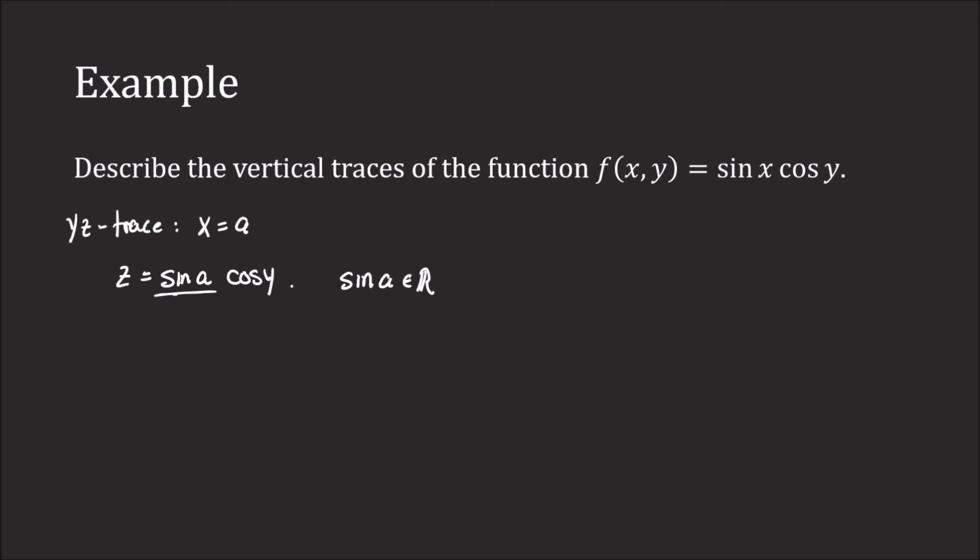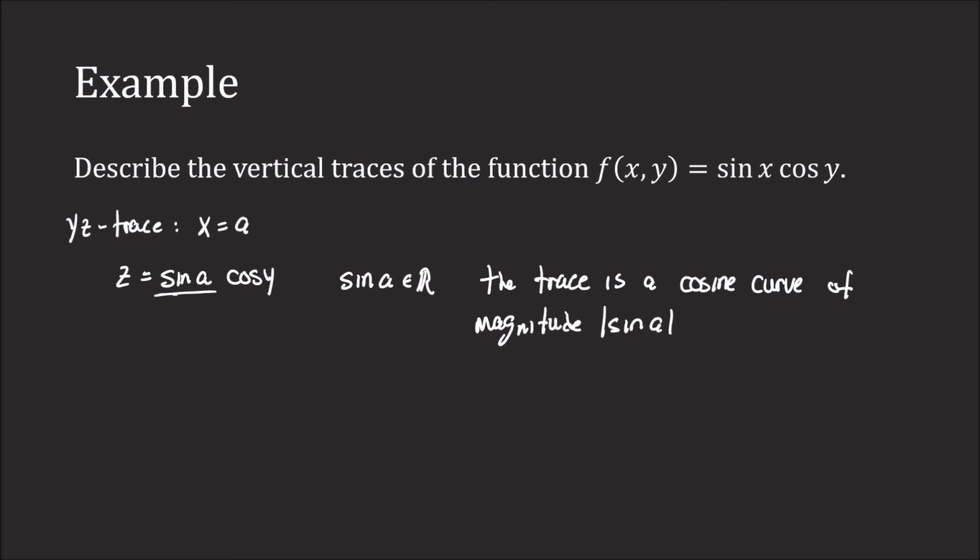So the graph is just a cosine curve of magnitude absolute value sine of a. Right, so since it's the yz trace, it'll probably look something like this. Something along those lines, right?